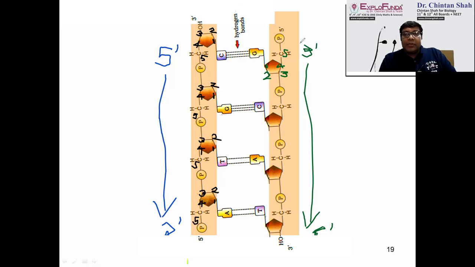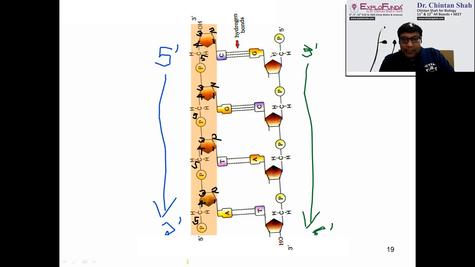Let me put such numbers over here that will be helpful to you. So the carbon of the sugar that is attached to the nitrogen base is carbon number 1, and the carbon of the sugar that is attached to the phosphorus is carbon number 5. Let me write it down, and be with me.